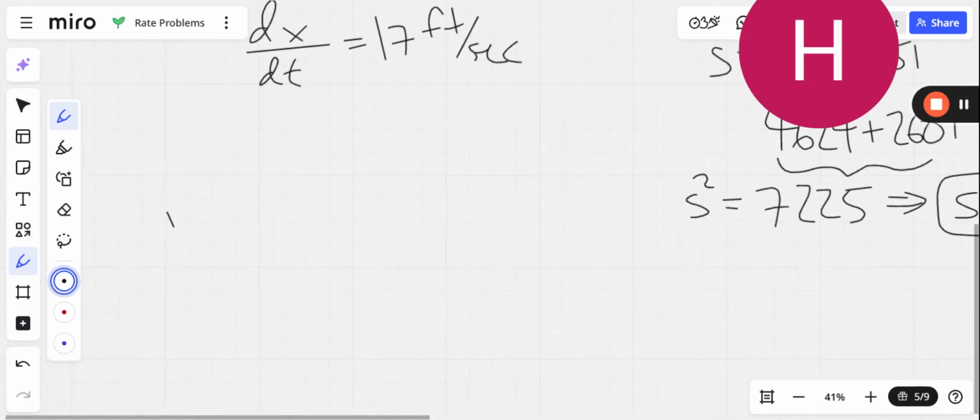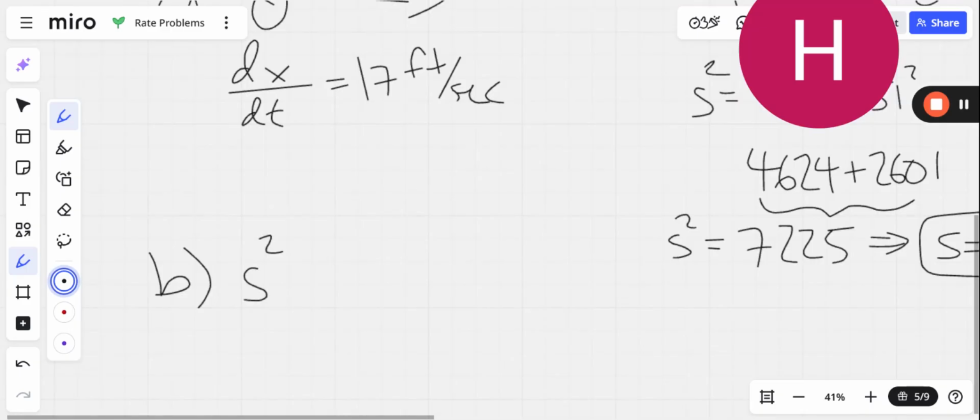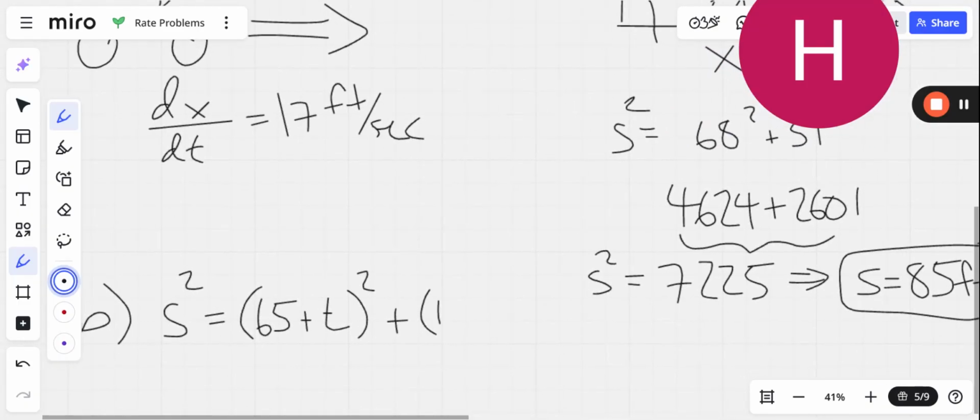Let's just use the Pythag equation to say that in general, s squared equals (65 plus t) squared plus (17t) squared, right?